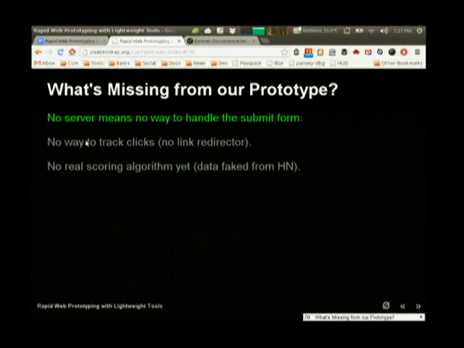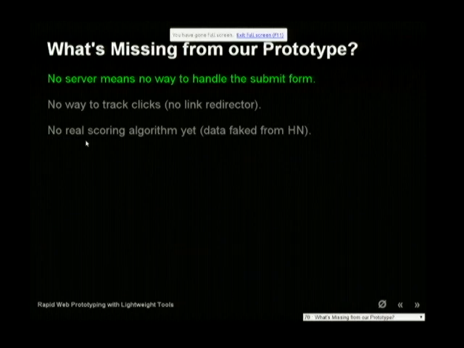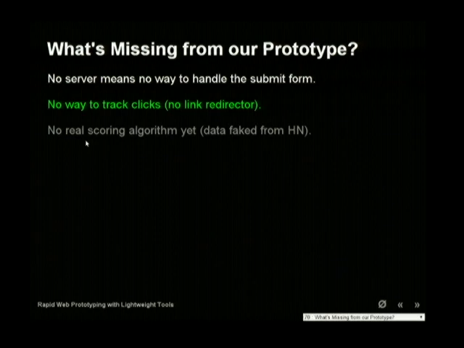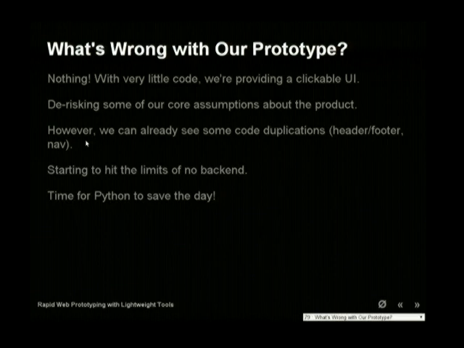The other thing to note is that there's a lot of stuff missing from our prototype. No server means that we can't submit this form. Even though I can pull it up, when I press submit, nothing happens. And I don't yet have a link tracker, a way to do link redirects. And I don't yet have a scoring algorithm. There's nothing really wrong with that, because we're providing a really good clickable UI.